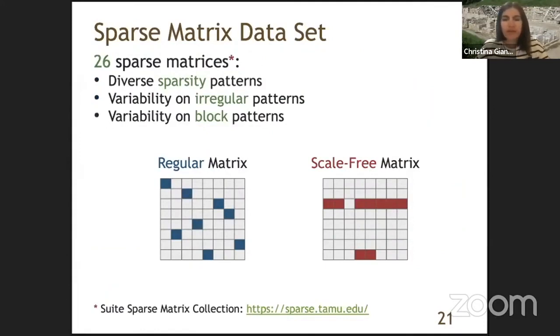When the standard deviation of the non-zero elements across rows and columns of the matrix is low, the matrix is referred to as regular. However, when the standard deviation of the non-zero elements across rows and columns is high, the matrix becomes very irregular. It has a power law distribution, and it is referred to as a scale-free matrix.